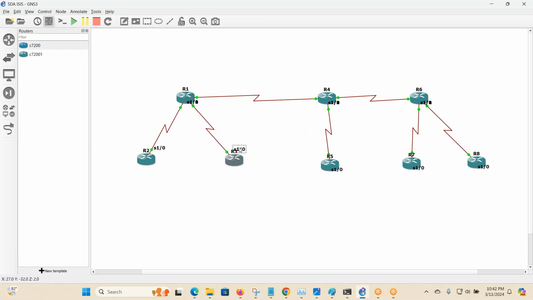Serial 1 by 0, 1 by 0, 1 by 2, 1 by 1, 1 by 0, 1 by 2.